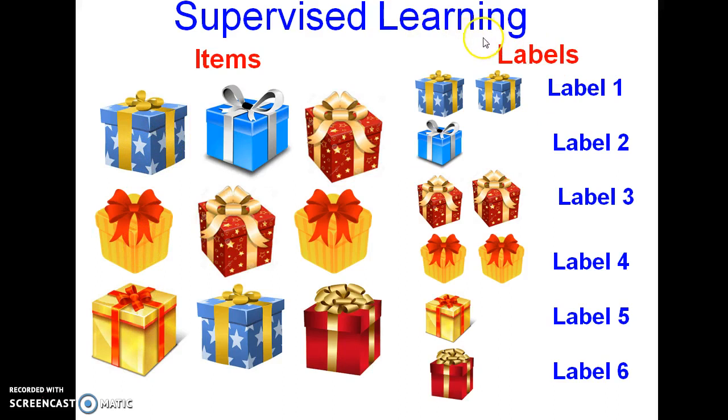Supervised learning techniques label each of the different boxes with a unique class label, each pair consisting of an input object, which is here a box, and a desired output value, which is a class label, together forming a training set, and this training set is used for classification.